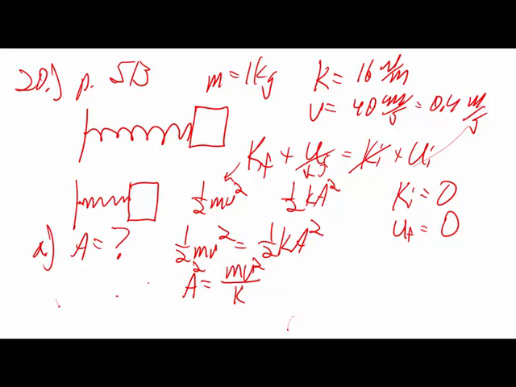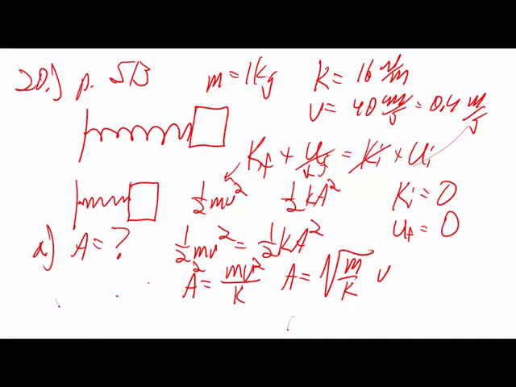Then we take the square root of both sides, and so a is equal to the square root of m over k, now watch out, times v. v is not under another radical.